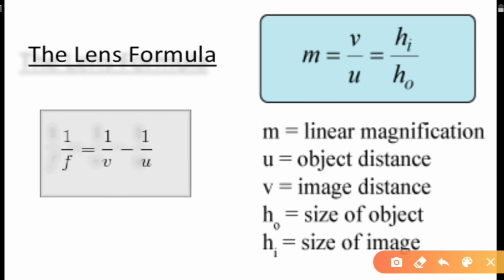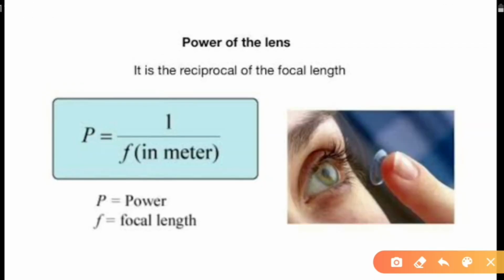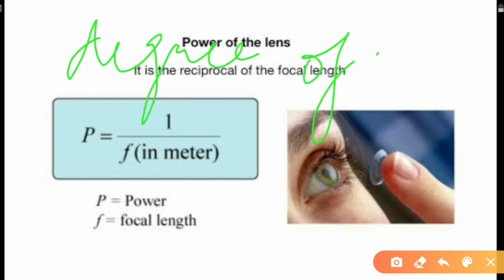Now let us try to understand the power of a lens. Actually, power of a lens is the measurement of degree of convergence or divergence of a lens.